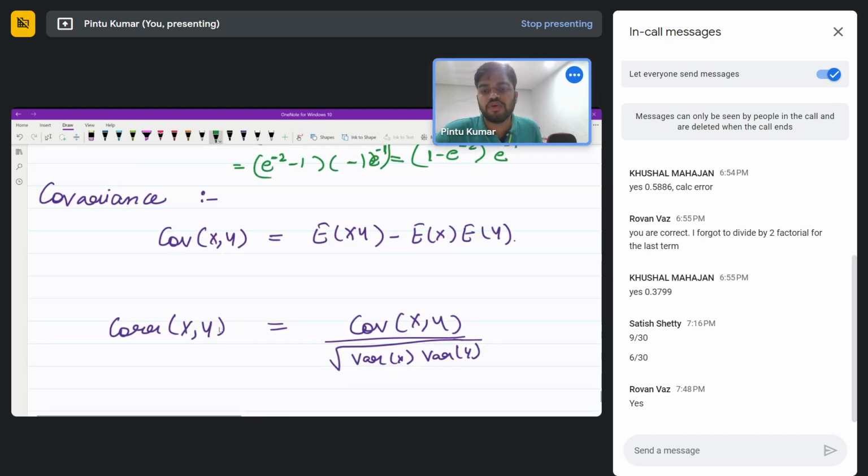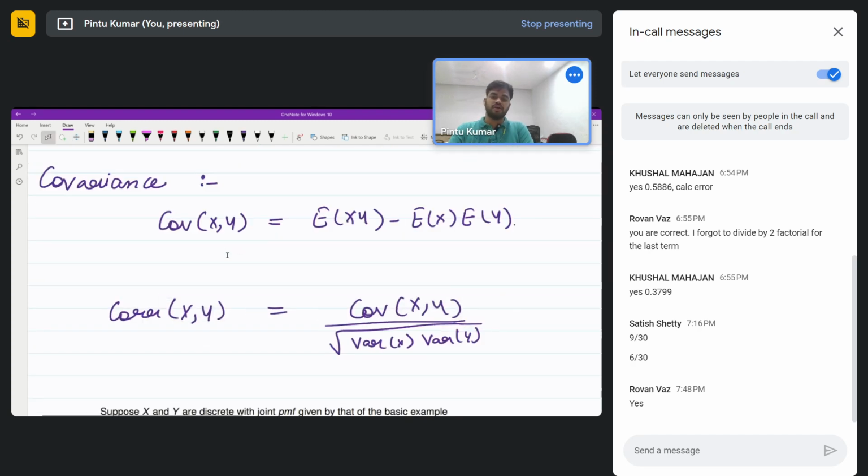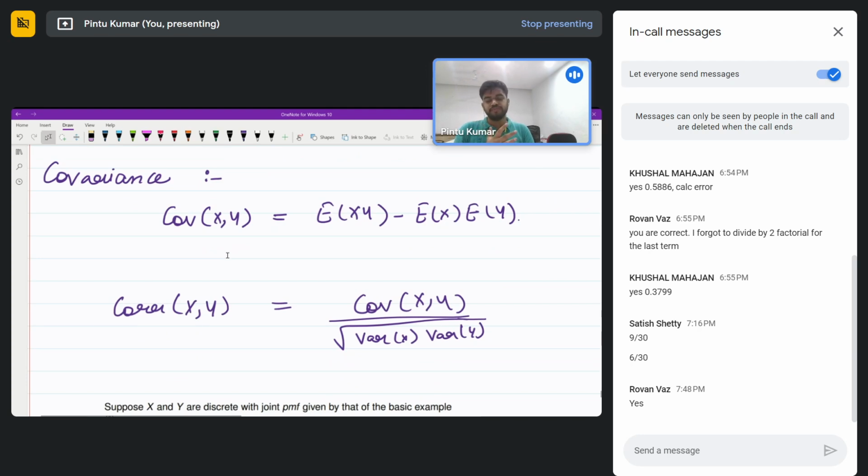Okay. So we have two more terms left for today. One is called covariance and another is known as correlation. We have seen the covariance matrix earlier also, so this is sort of a repeat thing.